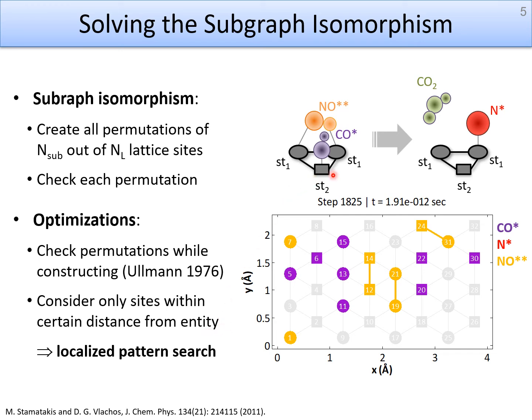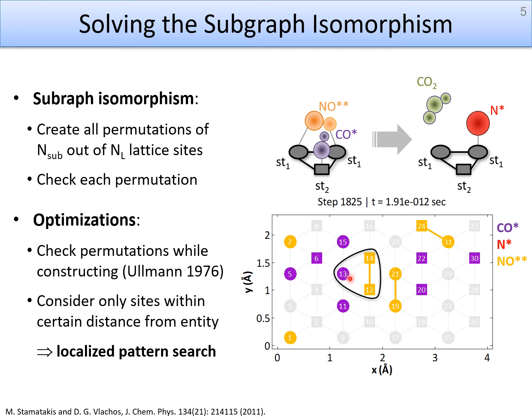So if we know, for example, that we have a NO molecule here, and our reaction is NO plus CO gives us a nitrogen adatom on the surface and CO2, then if we know that this NO is sitting on these sites, it suffices to check in the neighborhood of this NO whether there is a CO, and we really don't have to check the entire set of lattice sites. So we can check this neighborhood over here.